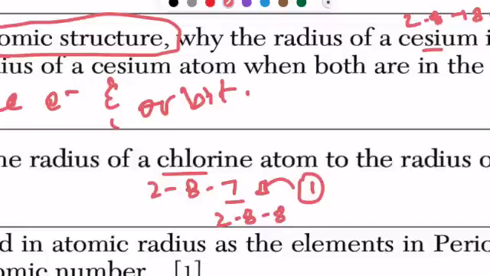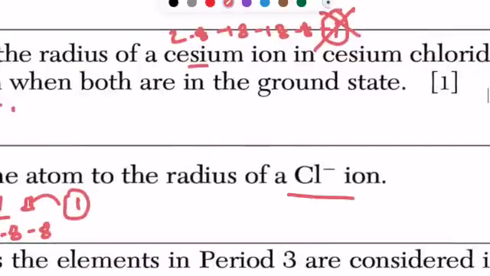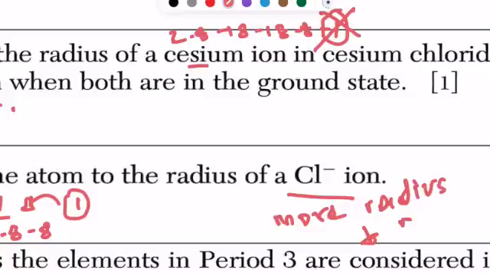When chlorine gains an electron, the nucleus still has the same amount of protons. We are not adding anything to the nucleus, but now the nucleus has to take care of more electrons, which decreases the nuclear attraction. So the ion is going to end up having more radius than the atom, because there's less nuclear attraction.